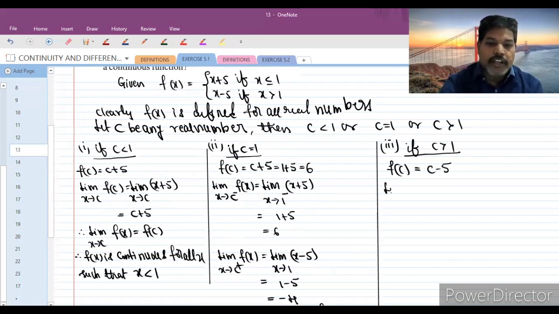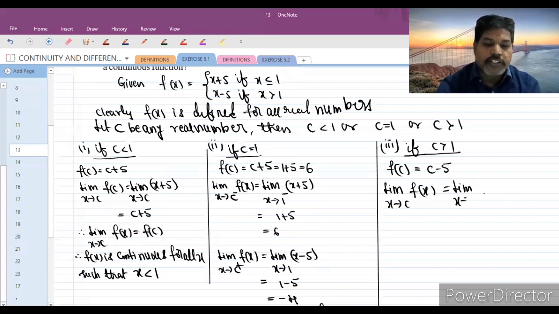So similarly, we can take the limit extending to C of f of x. f of x value will become x minus 5. So you can take it as C minus 5.